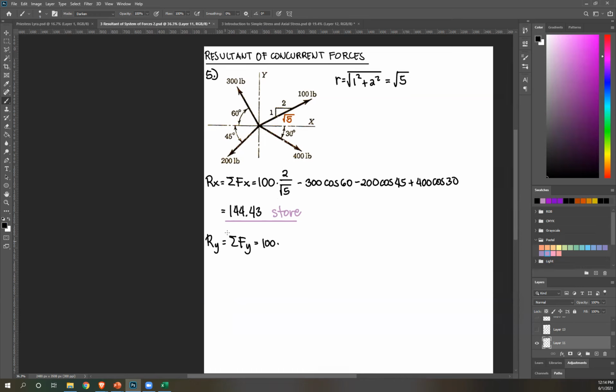No, it's 2 over square root of 5 since x component. It's 2 because, again, we're looking at the horizontal side.